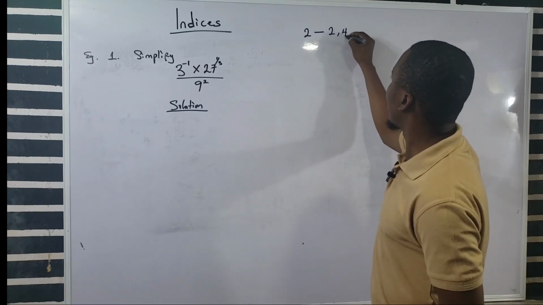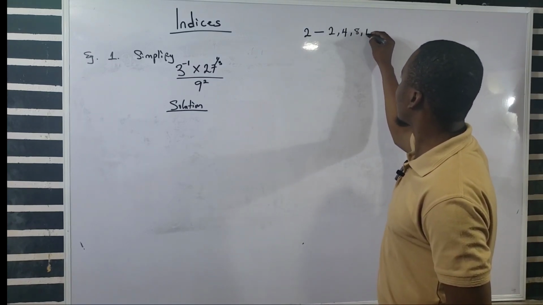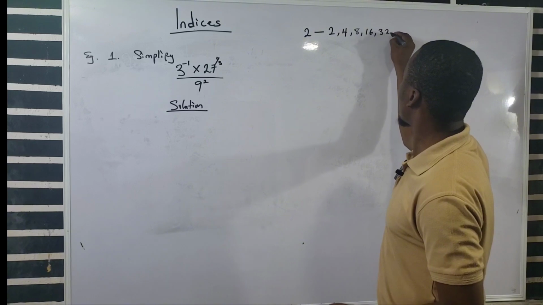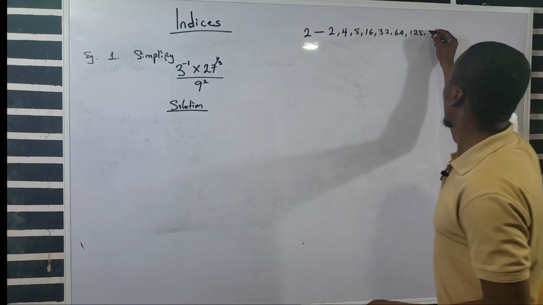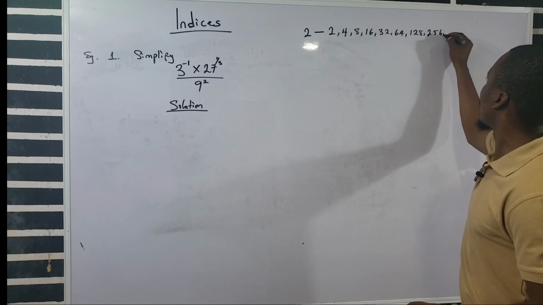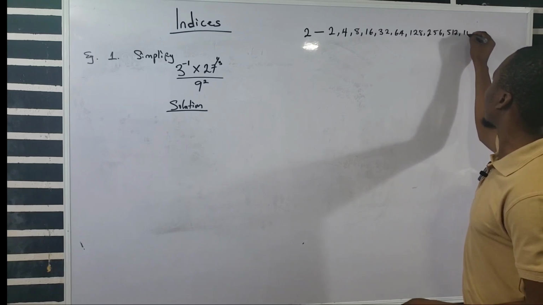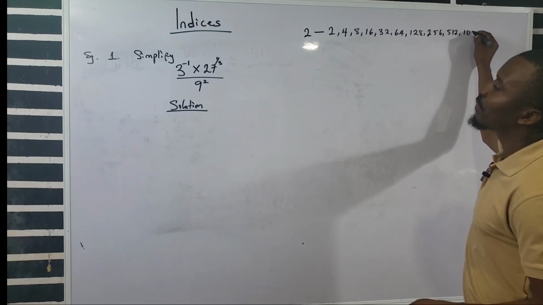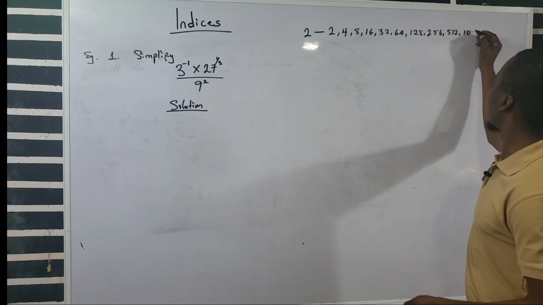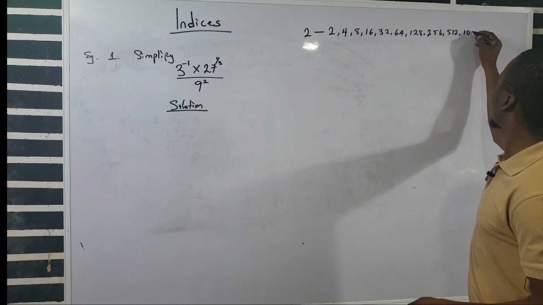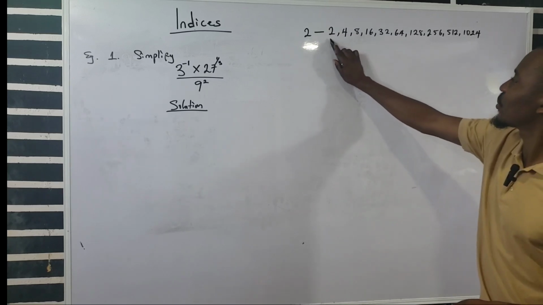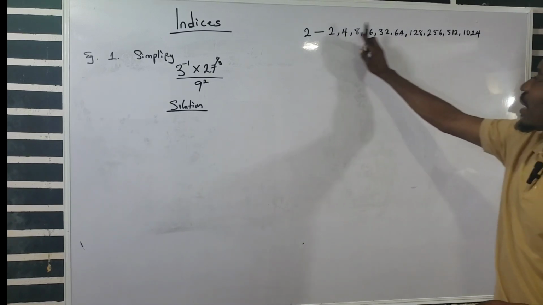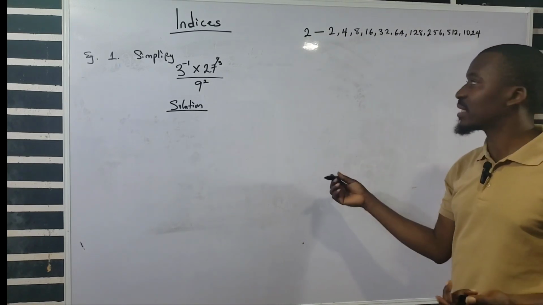Then we have 4, we have 8, we have 16, we have 32, we have 64, we have 128, we have 256, we have 512, we have 1024. Okay, so all these numbers you are seeing here have 2 as their lowest base.